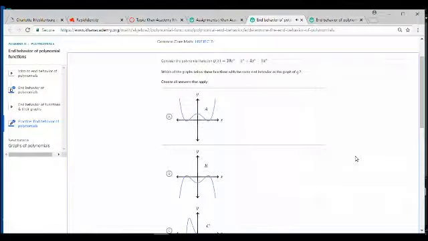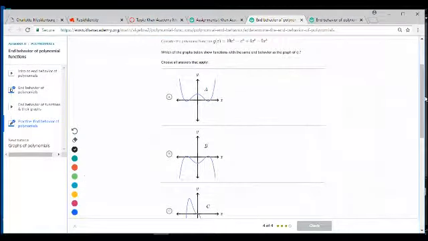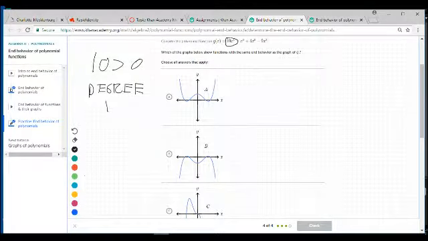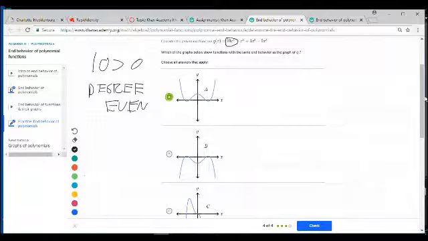Good. So the last one here, 10x to the 8th power. Here our leading coefficient is 10, and 10 is greater than 0. Our degree is even, so because of that we're going to be approaching infinity in both cases.